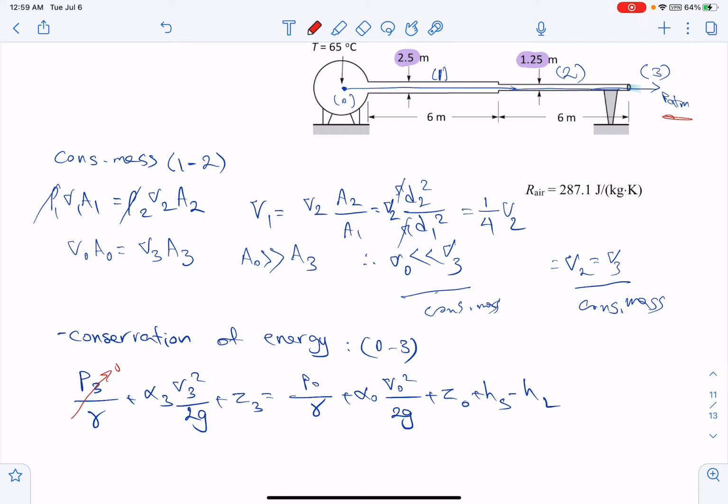What else do we know? V0 is much less than V3, so this term is also 0. We have a free jet at 3, so we consider uniform velocity there, and alpha 3 is equal to 1.